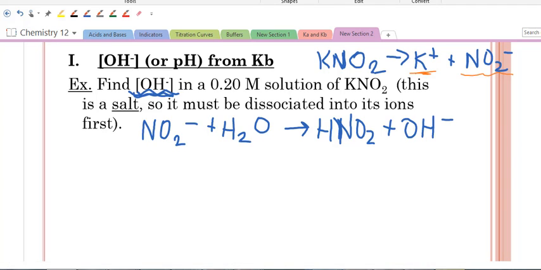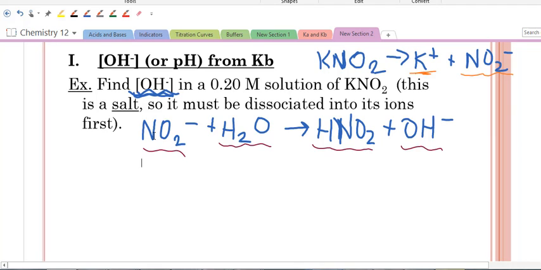So again, the only one of those two ions that could possibly give us this was the nitrate ion, because the potassium, of course, would give us an acid instead, and that would not help us find the concentration of the hydroxide ion. Okay, so now that we have this, we can do two different sets of calculations that will come together.